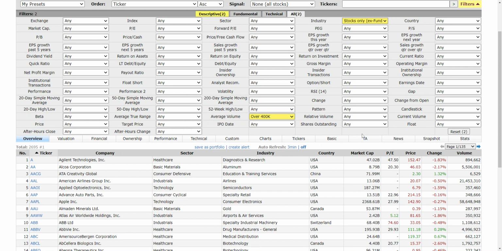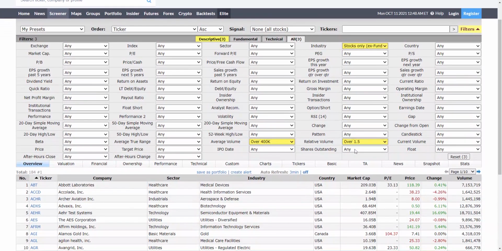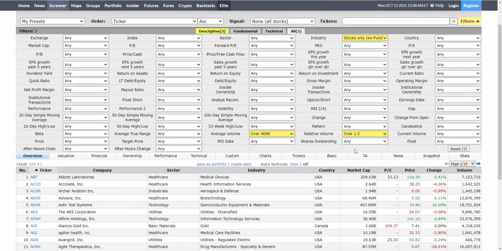In this case, it basically shows the volatility of the stock in a given period. I always look for stocks that have a relative volume over 1.5. That tells me that day the stock is quite volatile.